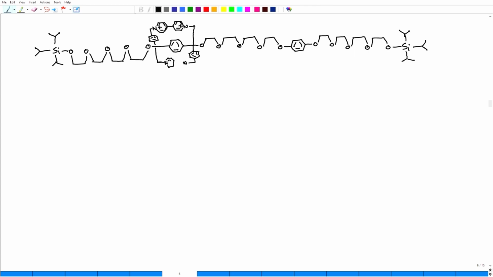Good. Four-foot dash bipyridine, okay, both sides 4-foot dash bipyridine.